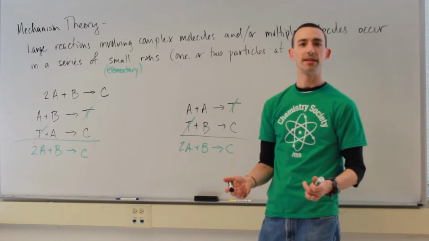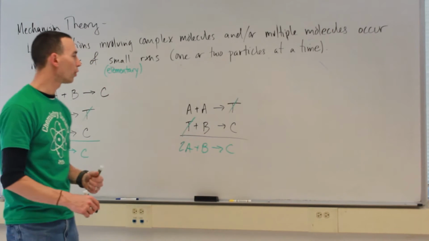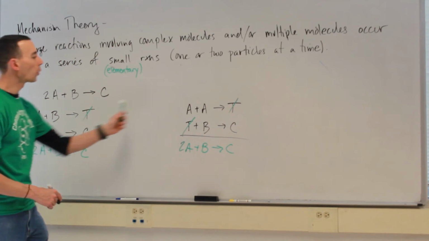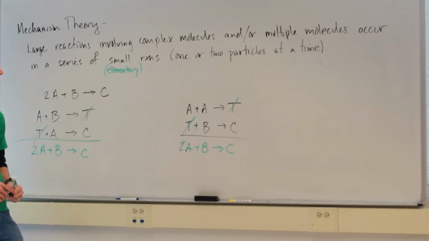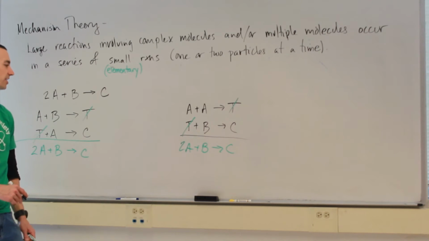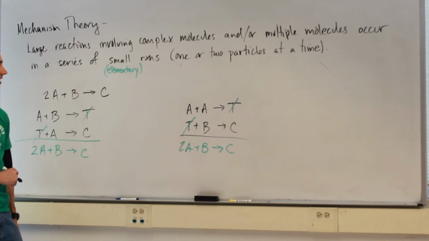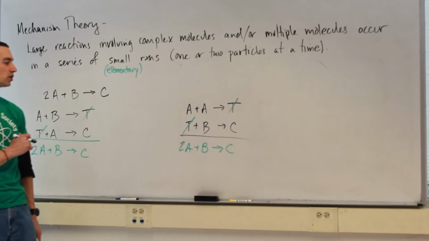Which way does it happen? How do we know? Kinetics is our tool to help us understand which pathway brings us to the actual overall outcome of this reaction, as it turns out. I'm going to pause right here, check that everything's working with the video, and then I'll resume in just a minute.